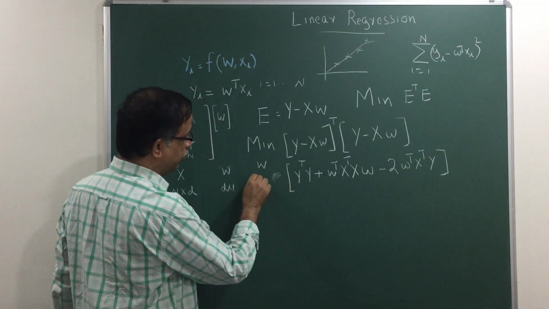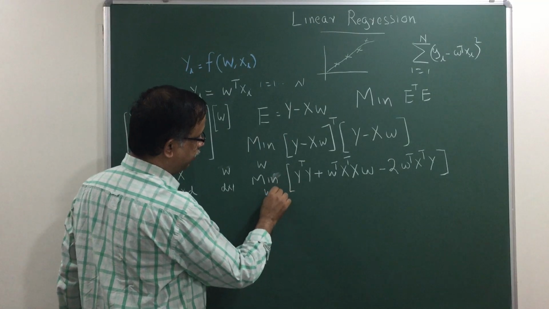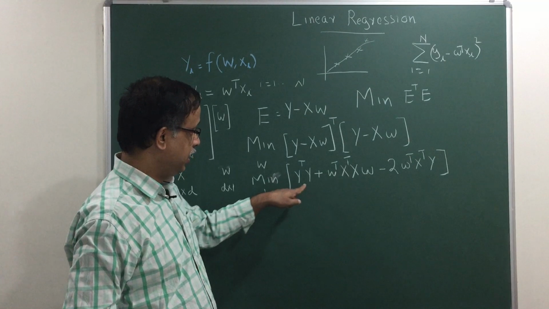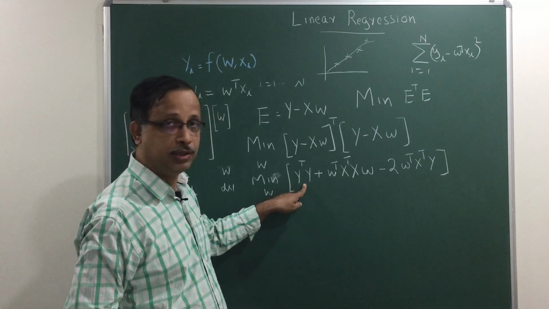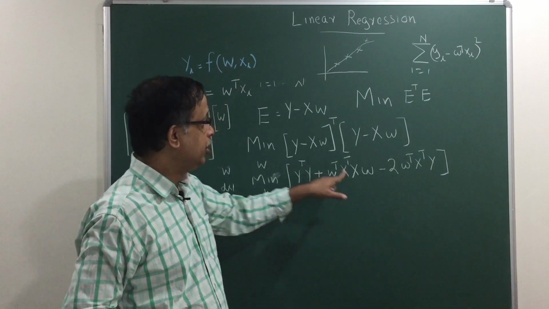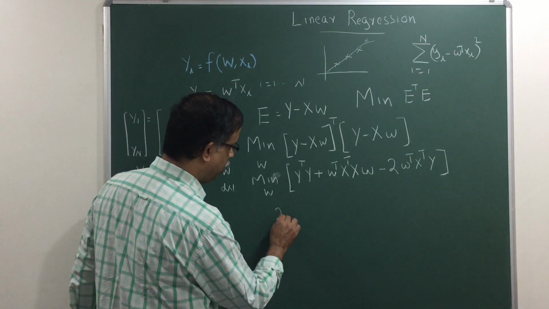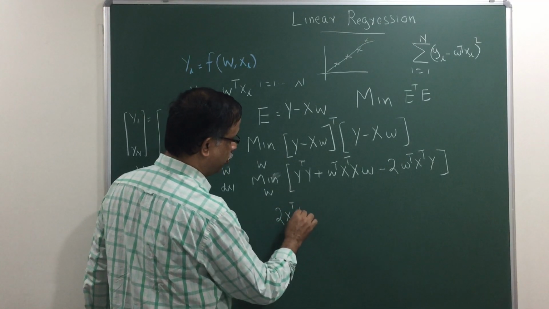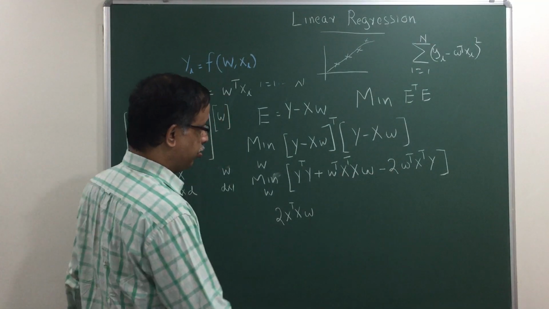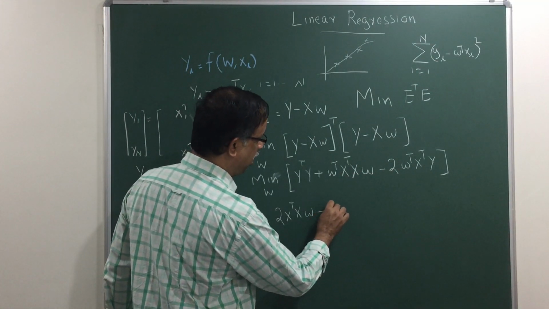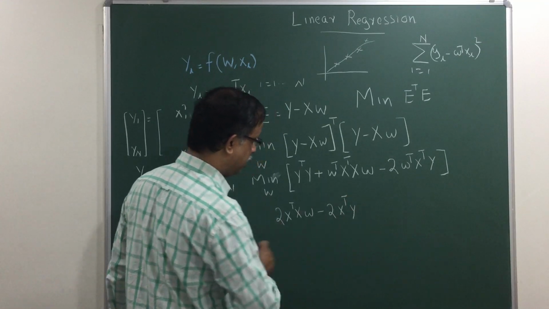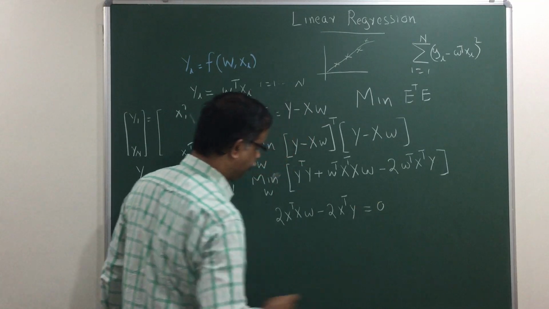And what we would like to do is differentiate this entire term with respect to w and equate to 0. The y transpose y term is independent of w, so it is not going to come. The term w transpose x transpose xw is a quadratic in w, so the differential will become 2 x transpose xw, and the last term is linear in w, so it will become minus 2 x transpose y, equal to 0.